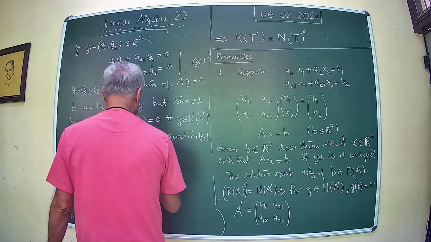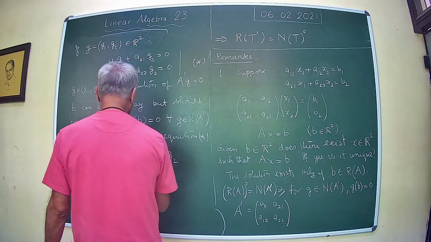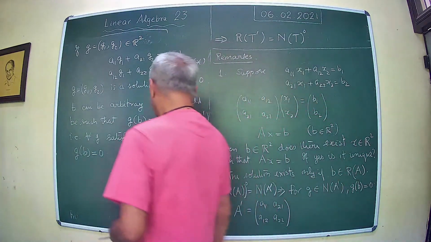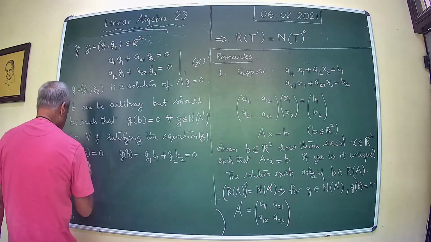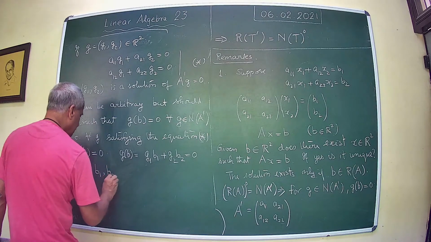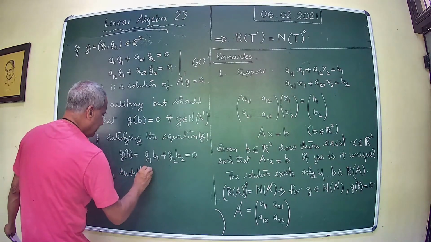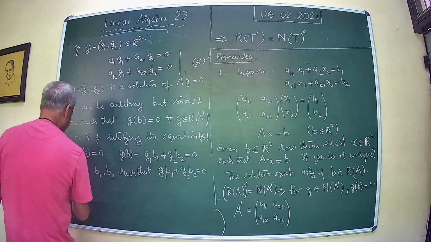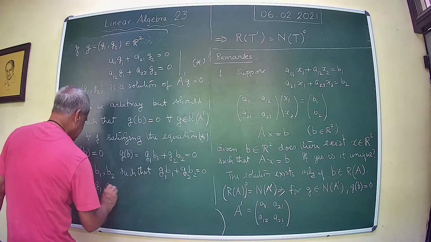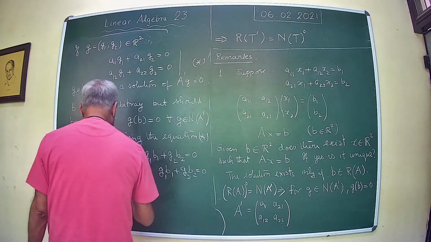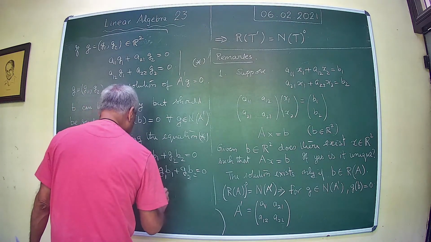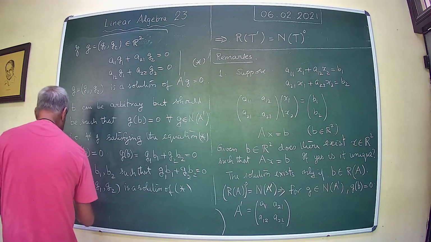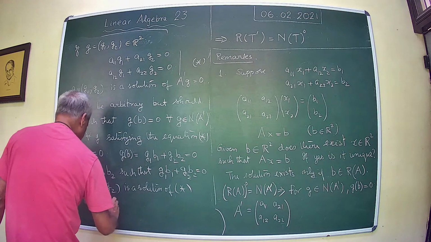G1... so only for G1 and G2 such that G1 B1 plus G2 B2 equal to 0, where G1, G2 is a solution of the equation as a solution.